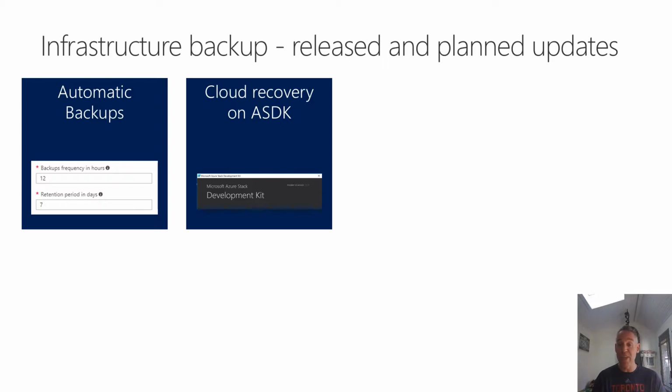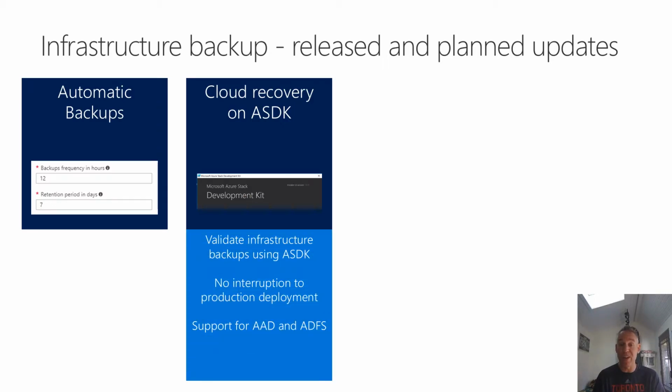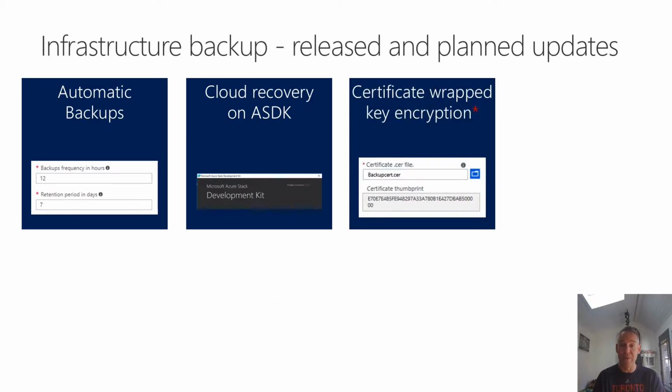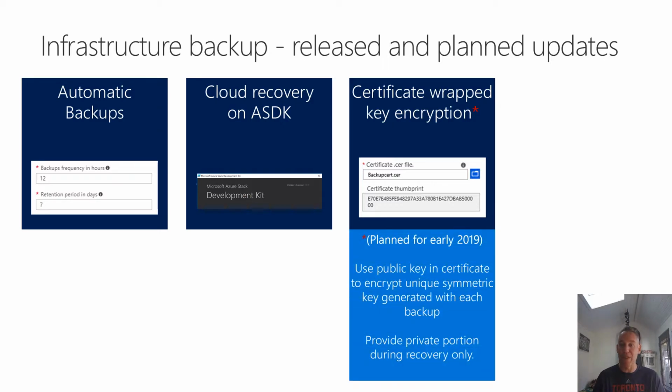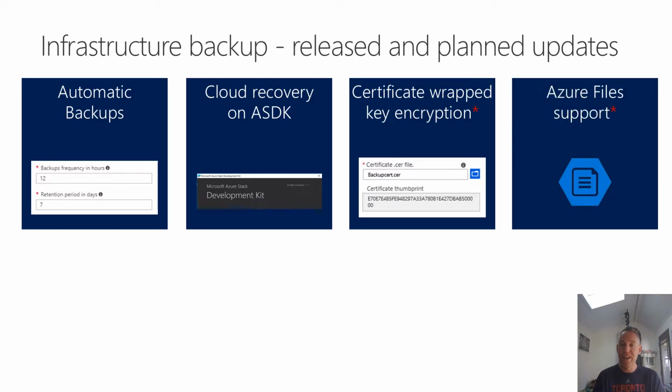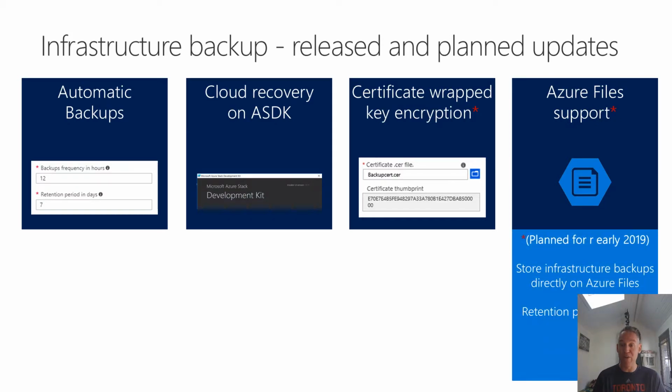So you can use the Azure Stack development kit, deployed on a single server node, and it can suck up the infrastructure backup data from a multi-node Azure Stack instance and do a pretend restore onto it. This is a good way to test your disaster recovery process without having a lot of hardware hanging around. Now the certificate is used to back up the key, and eventually we'll get to the point of supporting Azure files. We're not there yet, but that's coming.